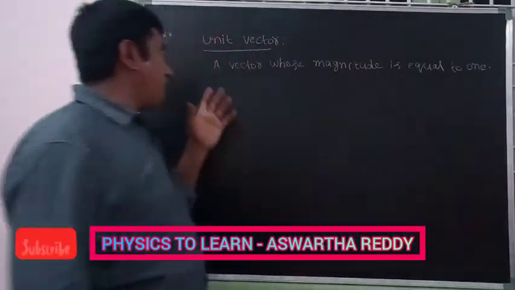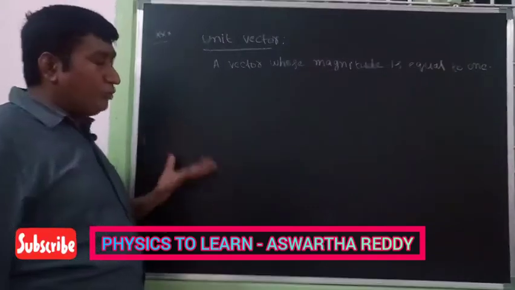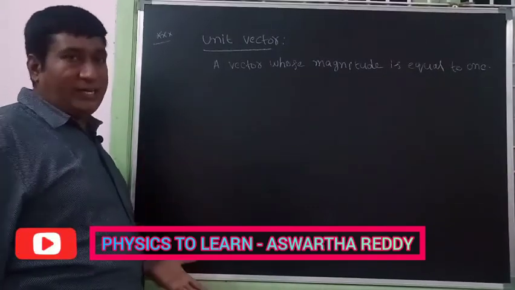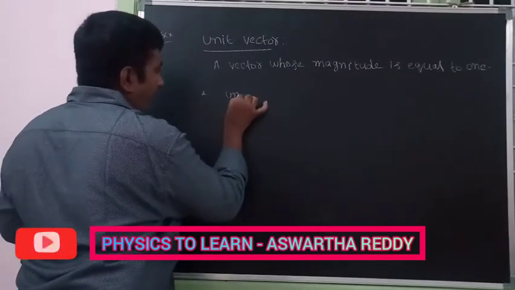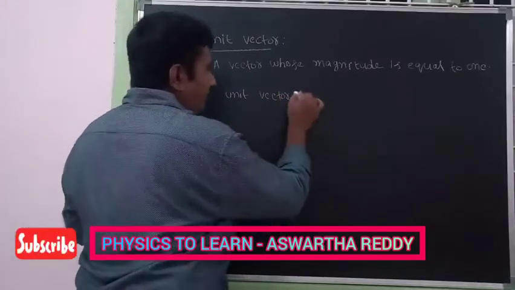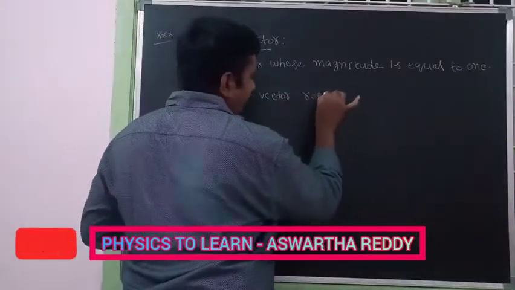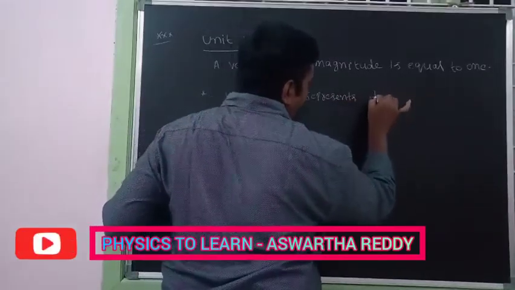What is the importance of the unit vector? With the help of the unit vector only, we represent direction. So the unit vector represents direction.